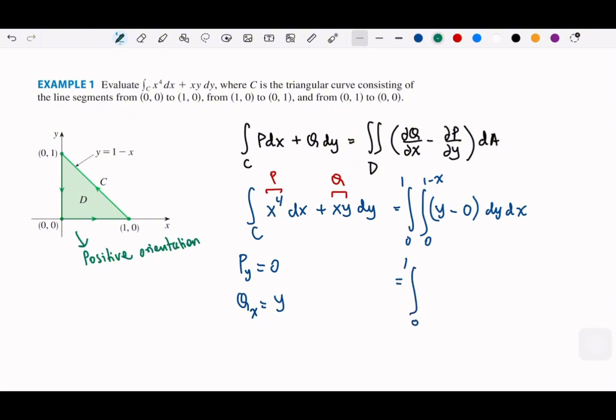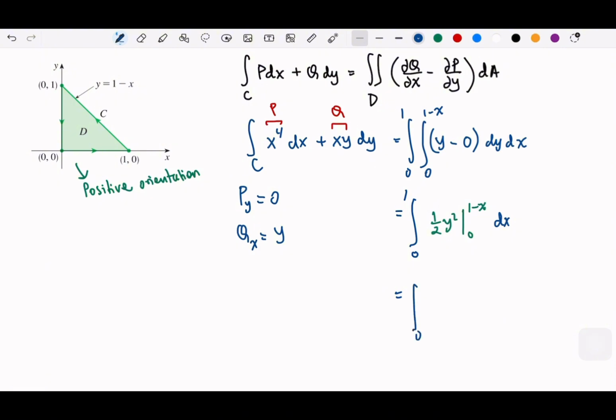So take the integration of y. This will be half y squared. And then input 1 minus x and 0. So we are going to have, let me just write here, 1 minus x squared is 1 minus 2x plus x squared, dx.